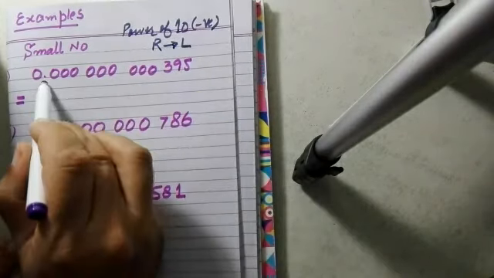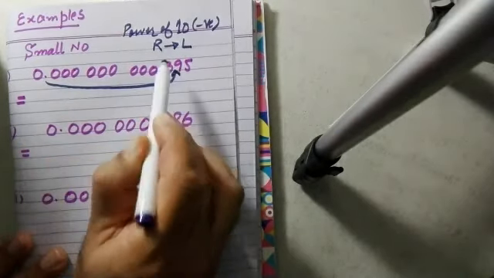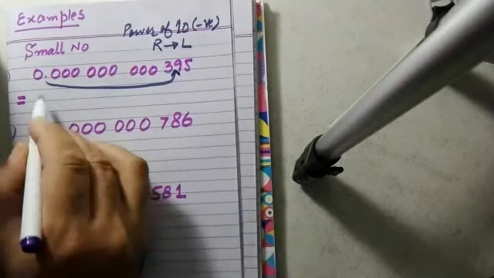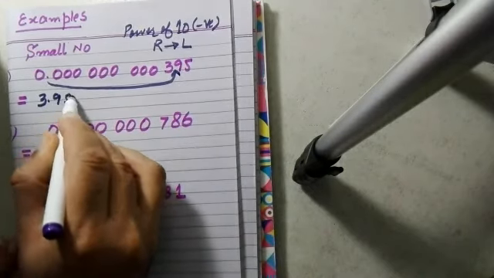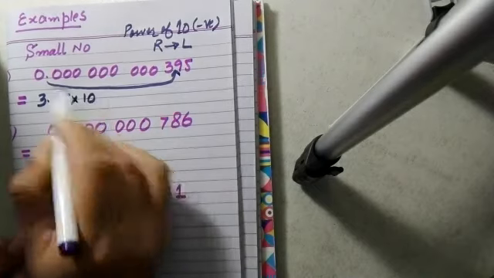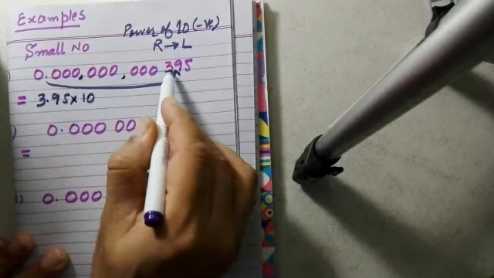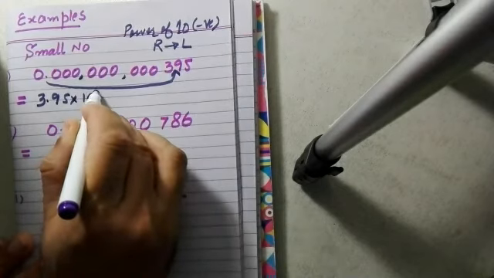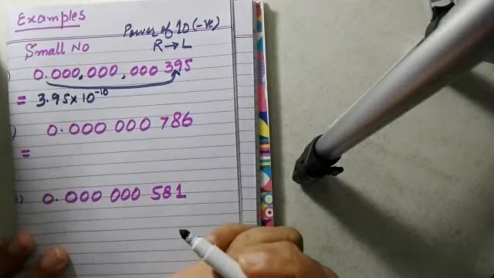So what will you do? You shift the decimal right after the first non-zero digit, that is 3. So it will be written as 3.95 into 10 raised to power. How many digits do we have here? 3, 6, 9, and 1, that is 10. So it will be written as 10 raised to power minus 10.